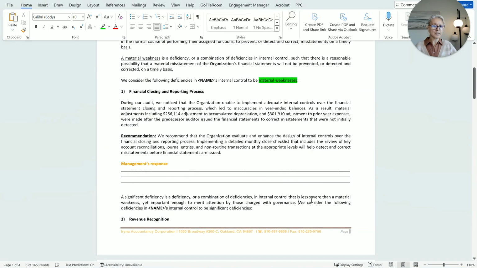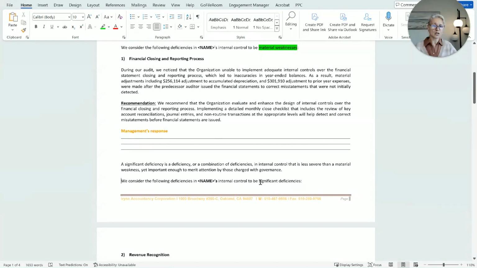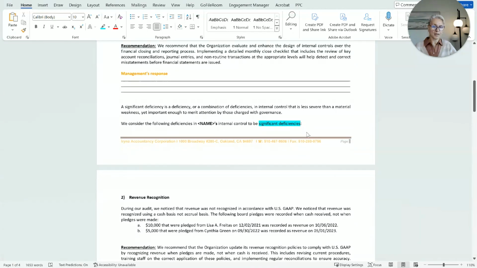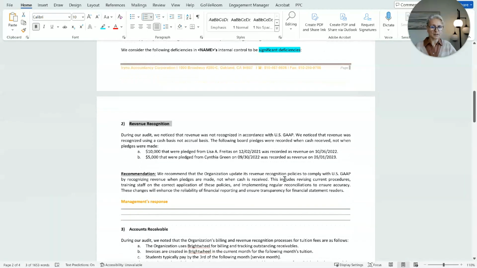We also then say we identified other deficiencies that are actually significant deficiencies, meaning they're not as bad as a material weakness, but they're also very critical to consider. For example, we're saying that the client does not recognize revenue correctly. Therefore, they need to consider how to improve their system of internal control and make sure that revenue is recognized correctly.